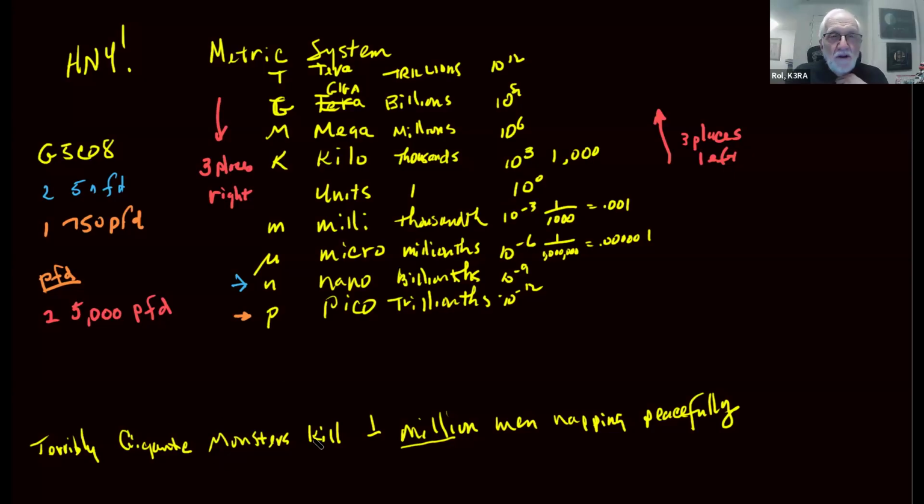Okay, terribly gigantic monsters kill 1 million men. Napping peacefully tells you tera, giga, mega, kilo, and then you have to remember milli for millions. Men is micro, napping is nano, and peacefully is pico. All right, so this is worth spending time on, even if you don't worry about having it on the exam.